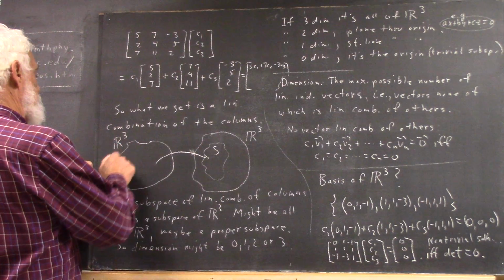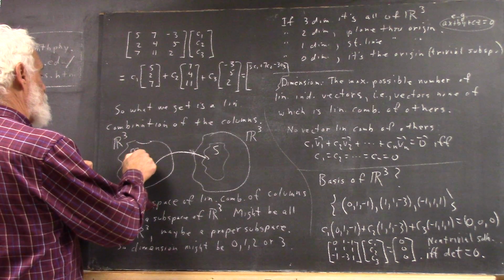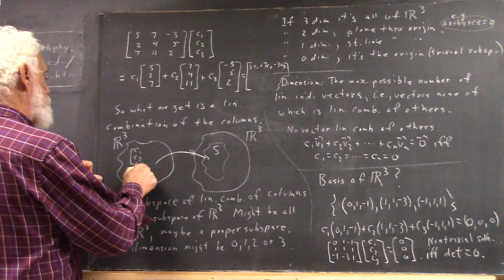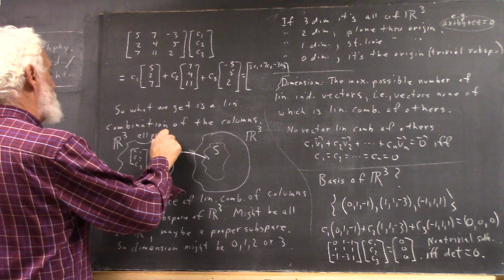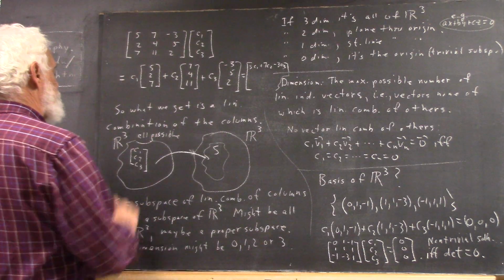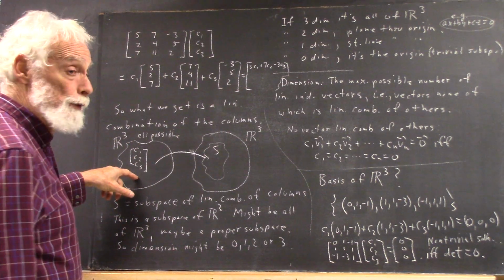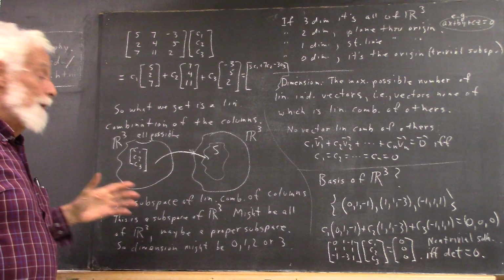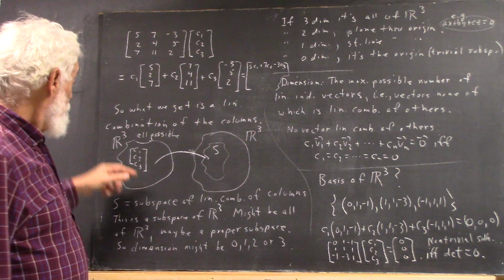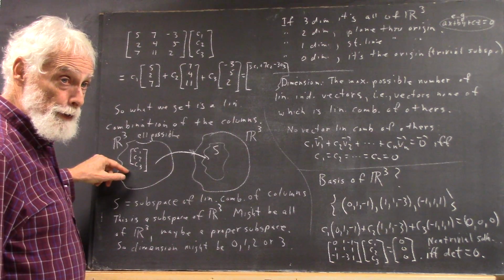So here's where all possible vectors C1, C2, C3 live over here in R3, and that means that every point in R3 is going to give you one of these vectors, okay?